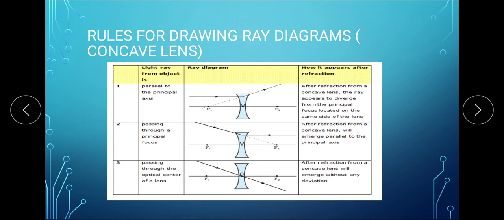And a ray which is directed towards the principal focus after refraction will be parallel to the principal axis. And your third rule is same, the ray which passes through optical center will pass without suffering any deviation.